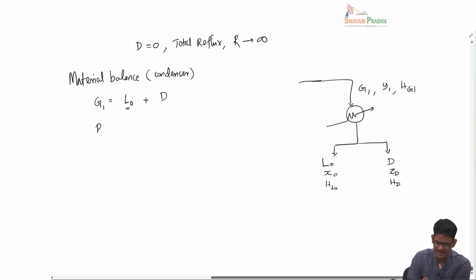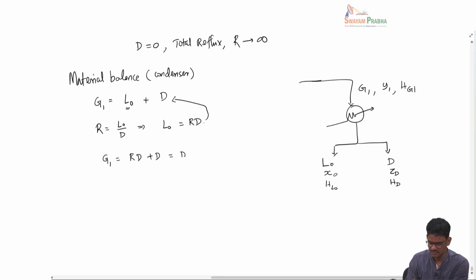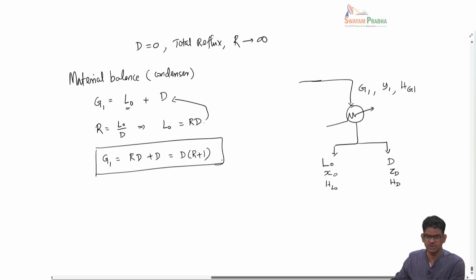I already said I am defining R as L naught by D. So from here you can write L naught is RD, and substituting this in this material balance, you can show that this G1 is nothing but D times R plus 1.